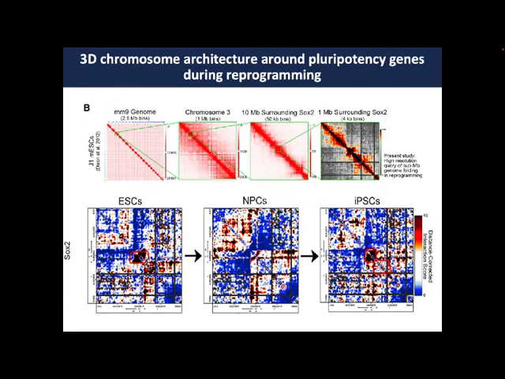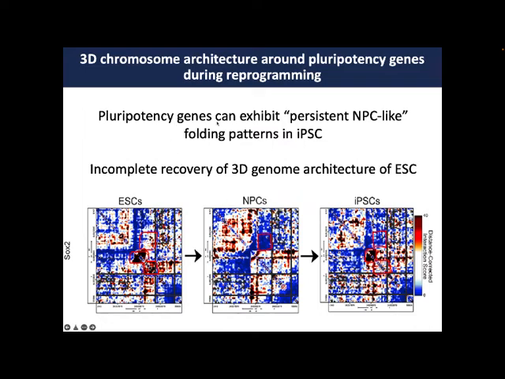After reprogramming in iPSC, this region partially interacts frequently, but not as much as in ESC. There is very dense frequency here, but it's not fully restored. You may notice other regions, such as this region. It's quite blank in NPC, and in ESC those interact together here, but these interactions are not fully restored, so there is still less interaction. That means the pluripotent genes can exhibit persistent NPC-like folding patterns in iPSC.